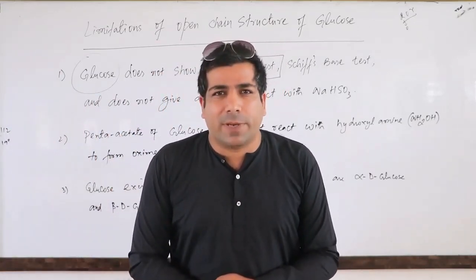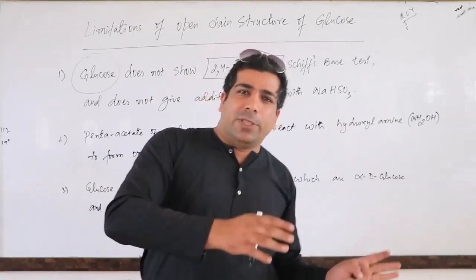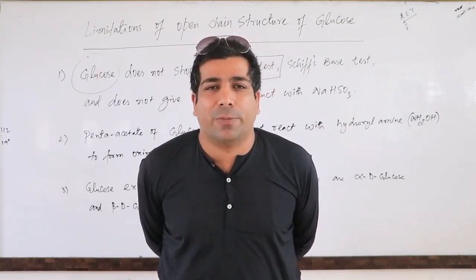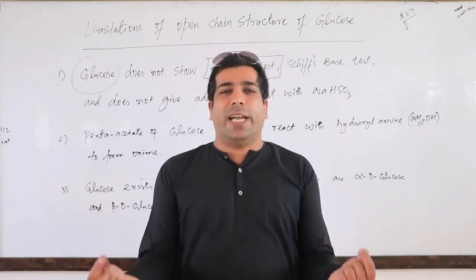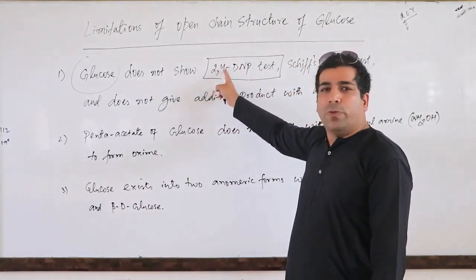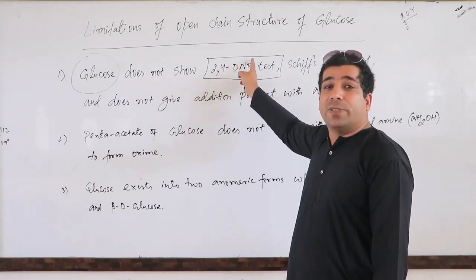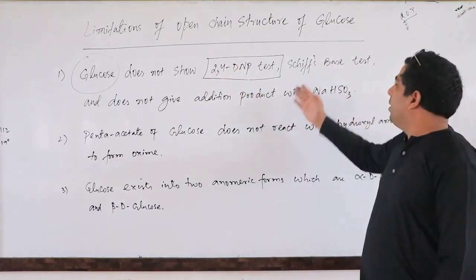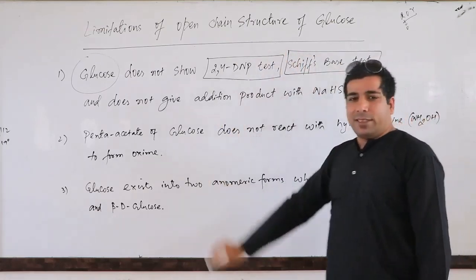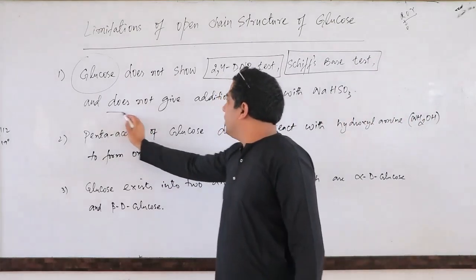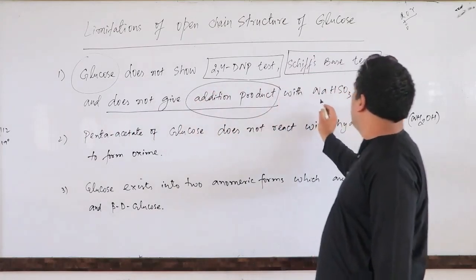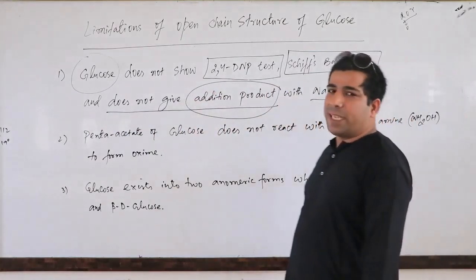When the open chain structure changes into the cyclic structure, it does not have a free aldehyde group. In cyclic form it fails to react with 2,4-dinitrophenylhydrazine, fails to give the Schiff's base test, and does not give an addition product. It does not react with sodium bisulfite.